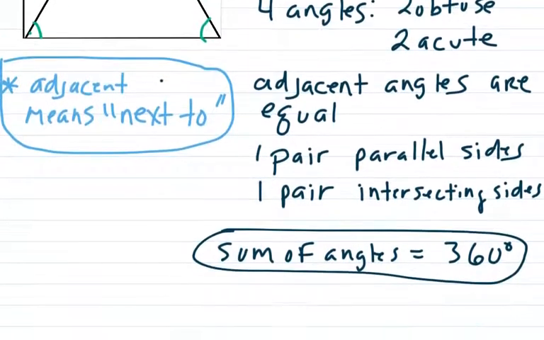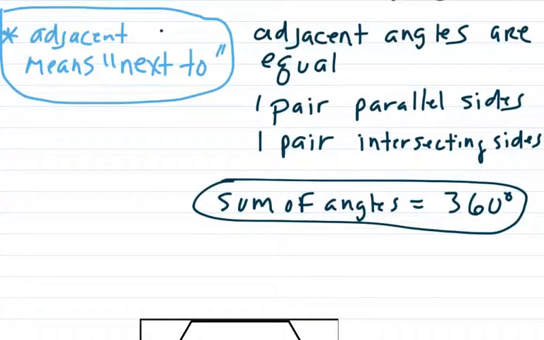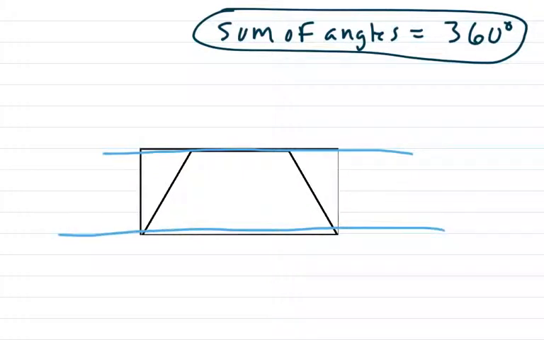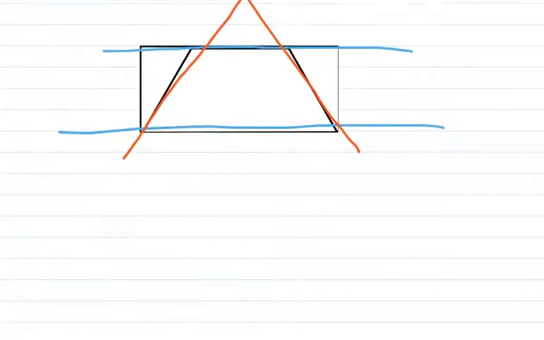And you have one pair of parallel sides and one pair of intersecting sides, and the sum of the angles is 360 degrees. So your one pair of parallel sides are at the top and the bottom, and your intersecting sides are going through here at the top.